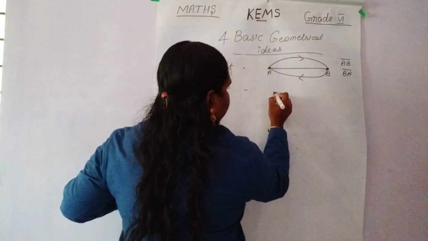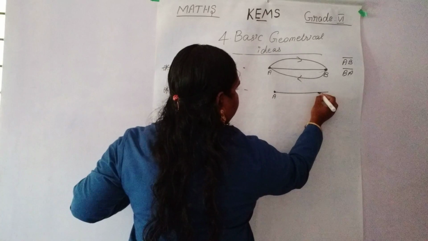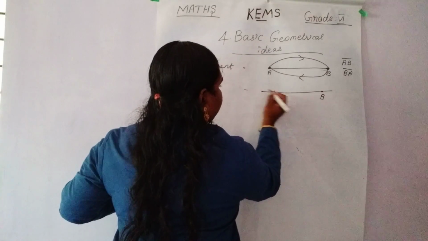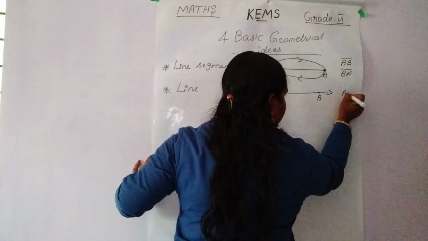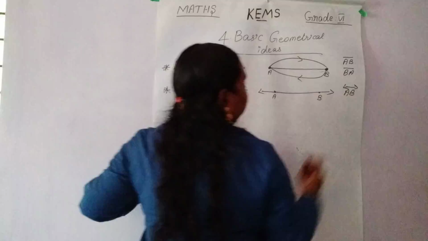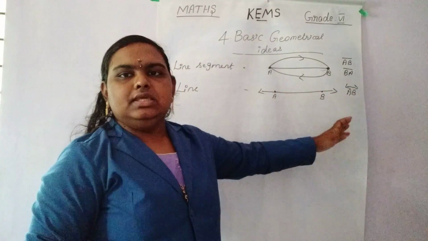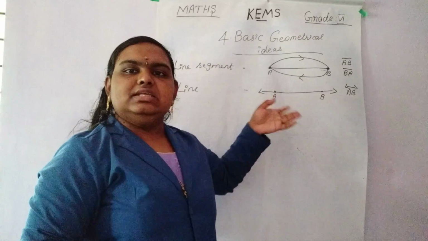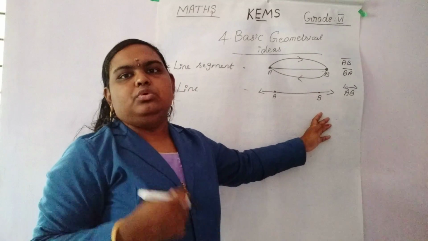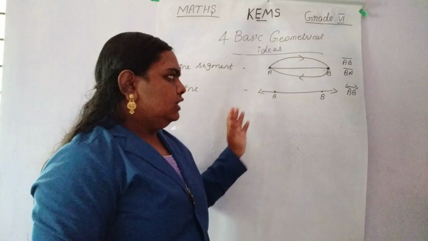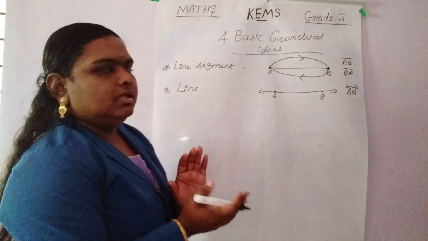A line is nothing but A, B. It is the line and it is denoted as line AB. 2 arrow marks should be there because it can extend continuously in both directions, from A or from B. So this is known as the line.